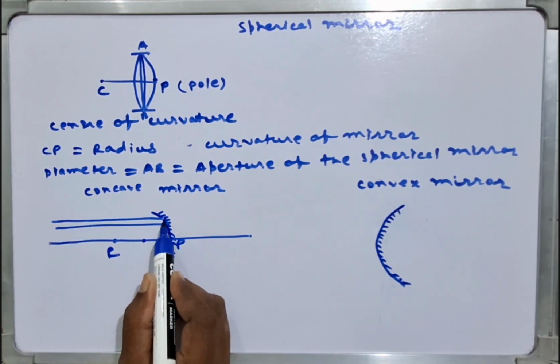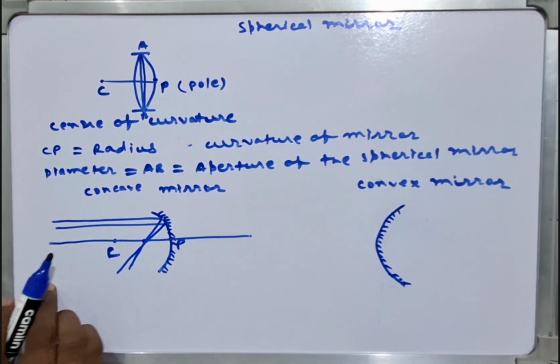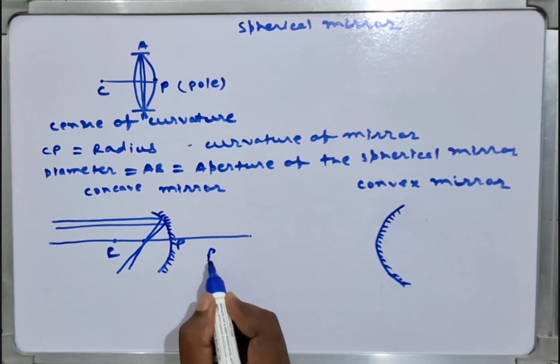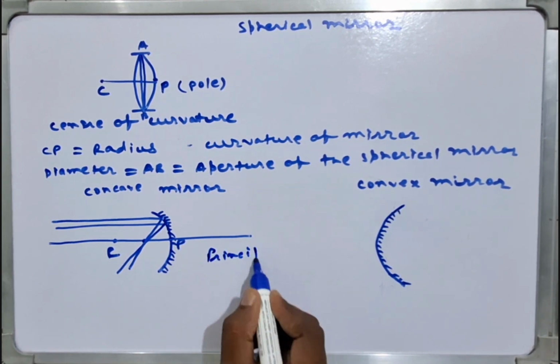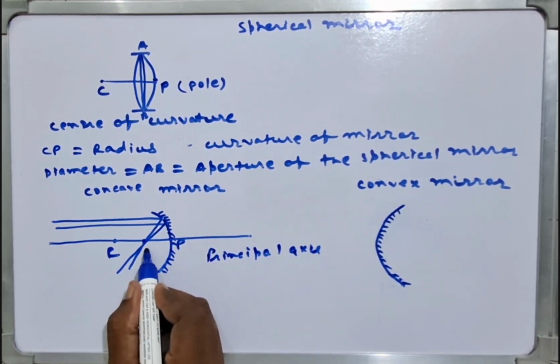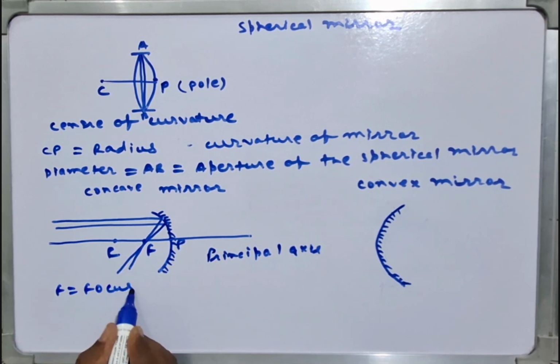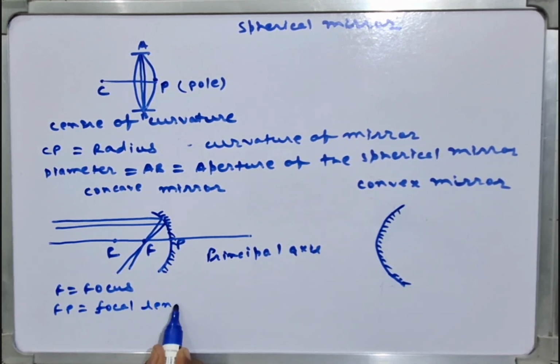Now suppose they are passing through this point on the principal axis, then this point F is known as the focus of the mirror and FP is known as the focal length. It is represented by a small f.